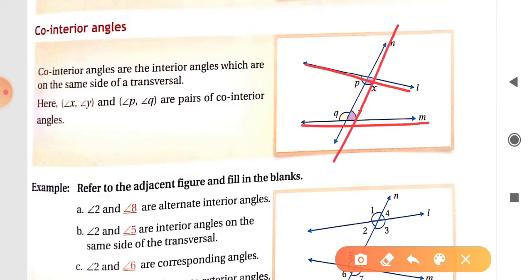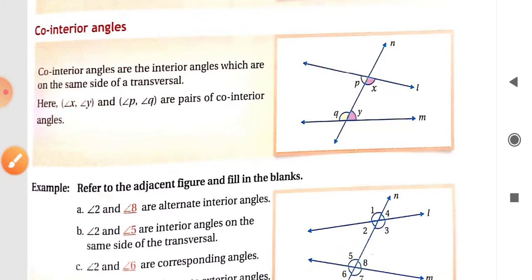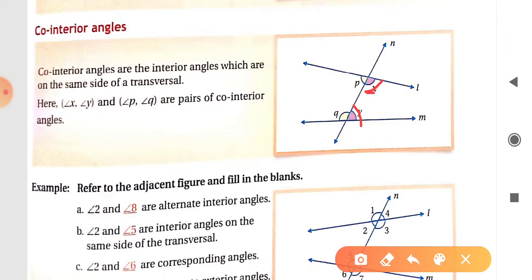Here angle X and angle Y are co-interior angles because they lie in the interior region and on the same side of the transversal. Similarly, angle P and angle Q are also a pair of co-interior angles.